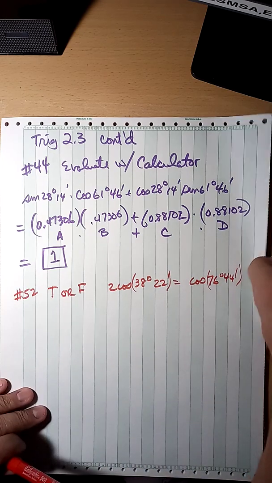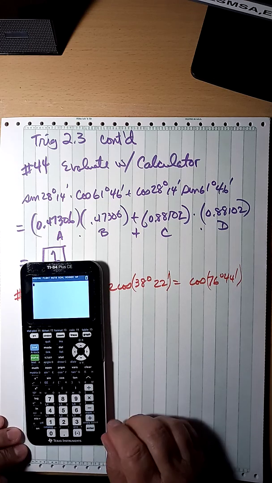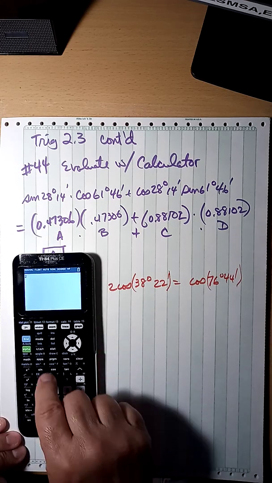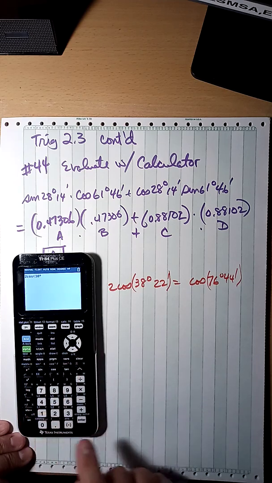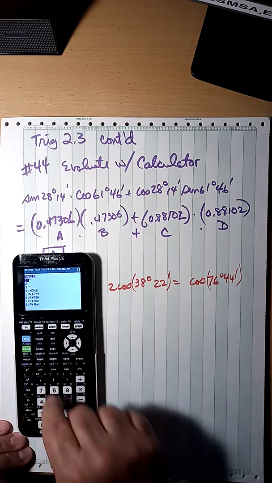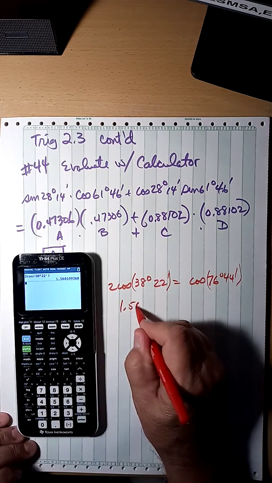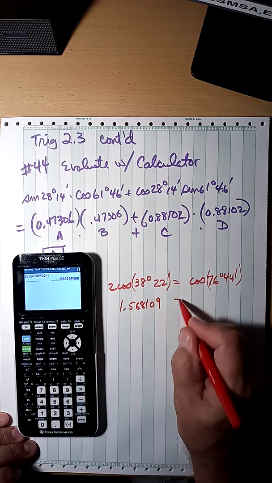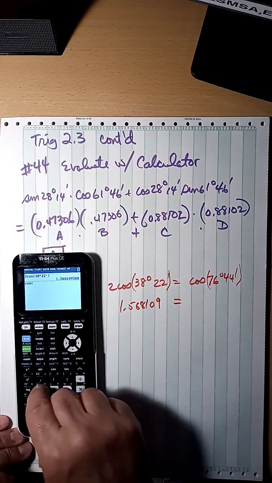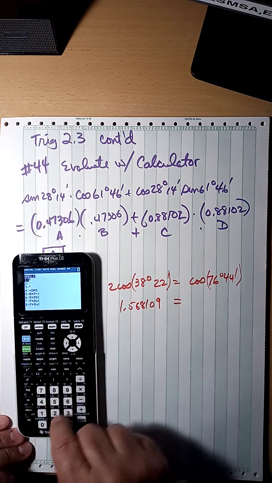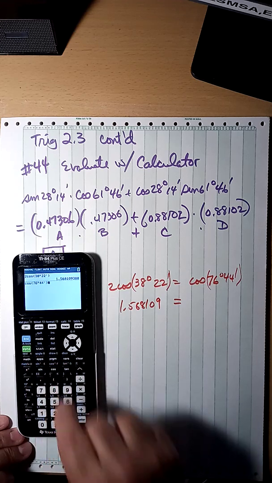But let's confirm that by looking at, clear this stuff off, 2 times the cosine of 38 degrees, second apps 1, 22 minutes, second apps 2, press enter, 1.568109, and the cosine of 76, second apps 1, 44, second apps 2.